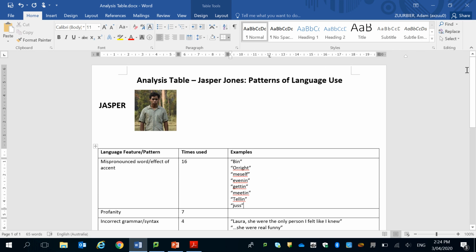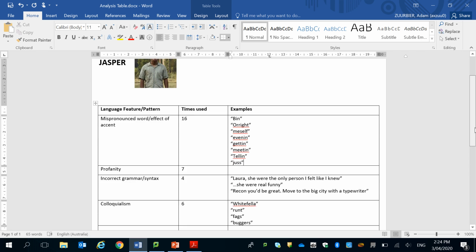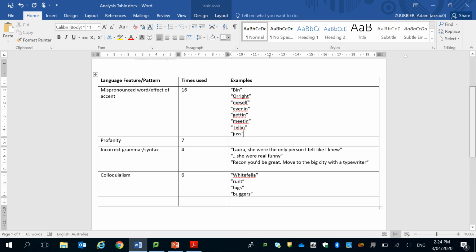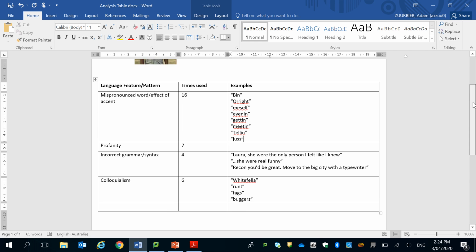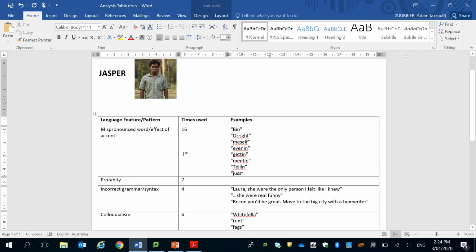Alright, so there we go. We've summarised our analysis of his patterns of language use in this table. Okay, and that was just from a short excerpt, and we can see that we've identified, and we might have missed a couple, mispronounced words or the effects of his accent in his voice as a character.